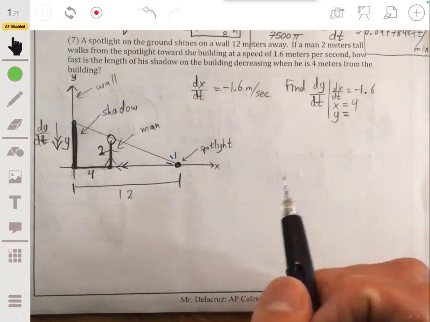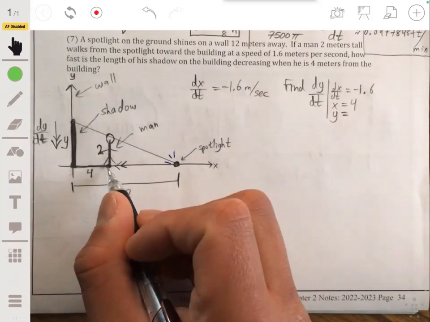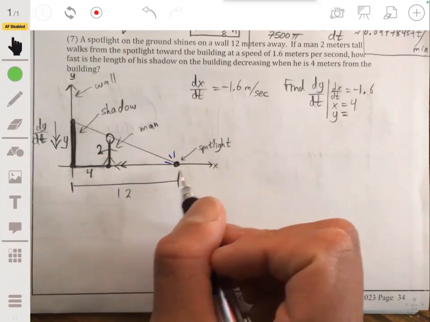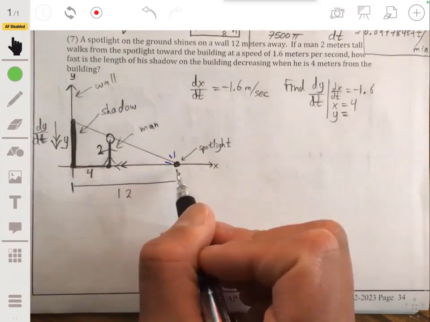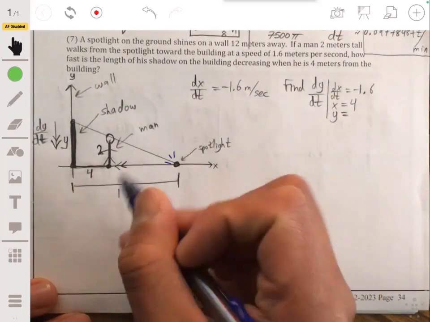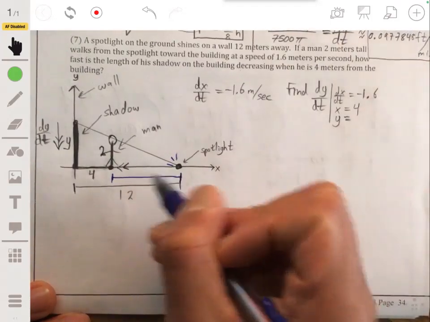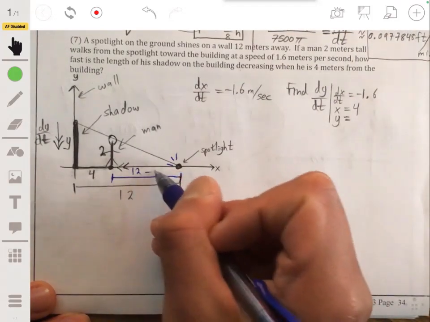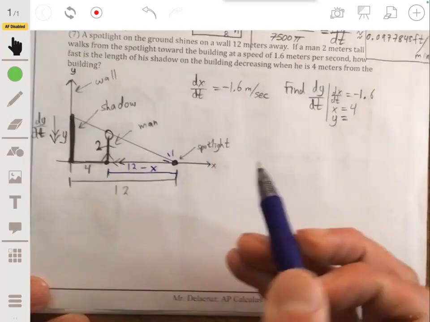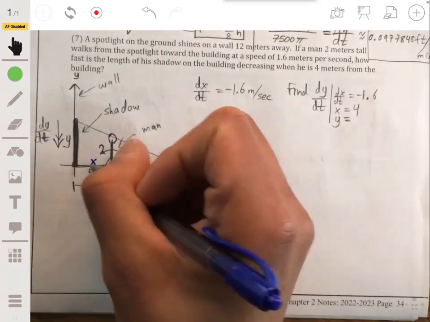Now, this is 4 meters. The total distance from the spotlight to the wall is 12. So that means the distance from the man to the spotlight will always be 12 minus x. This will be 12 minus x. x is, remember, the distance that he is from the wall.